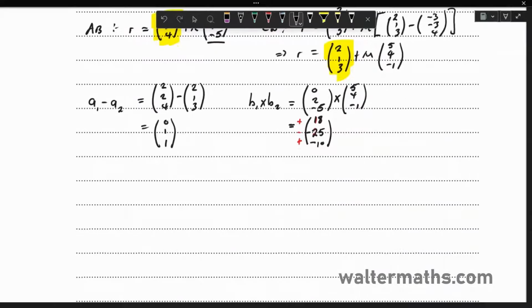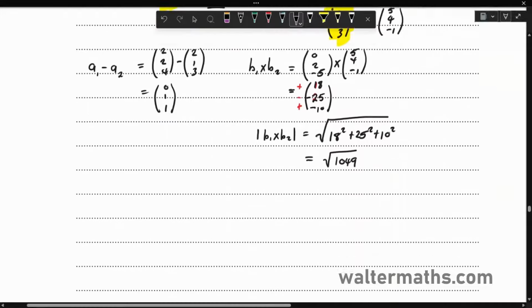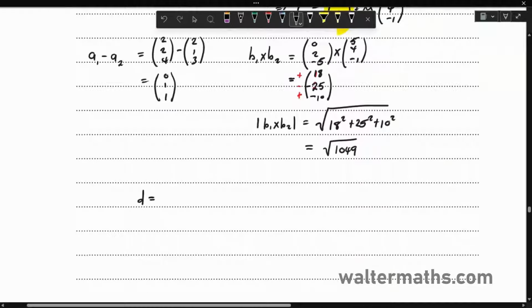So we will also need the mod of b1 cross b2, which is the square root of 18 squared plus 25 squared plus 10 squared. So that's going to be equal to the square root of 1049. So we are therefore saying d is equal to (0, 1, 1) under modulus dot (b1 cross b2), that's 18 minus 25 minus 10, over the square root of 1049.